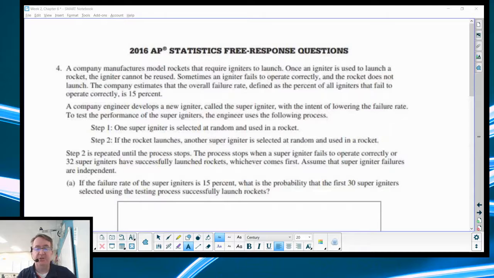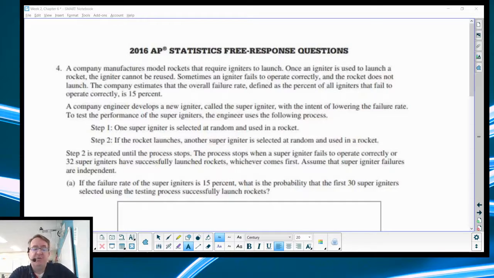One super igniter is selected at random and used in a rocket. The rocket launches. Another igniter is selected randomly and used in a rocket, and you just keep on going. You do this until you have a failure, or until 32 super igniters light successfully and launch rockets, whichever comes first. Assume that super igniter failures are independent, so one's not going to affect the next.